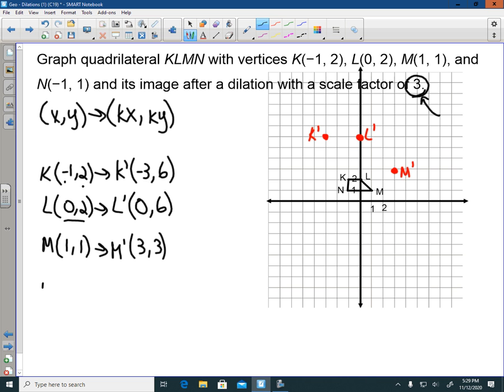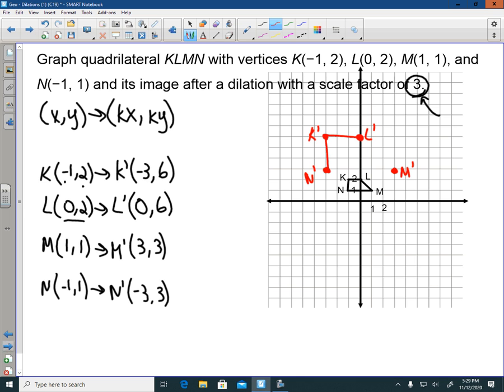N, which starts at (-1, 1), goes to N prime, which is going to be found by calculating 3 times -1, which is -3, and then 3 times 1, which is 3, and we have a new point, N prime, that lives at (-3, 3).